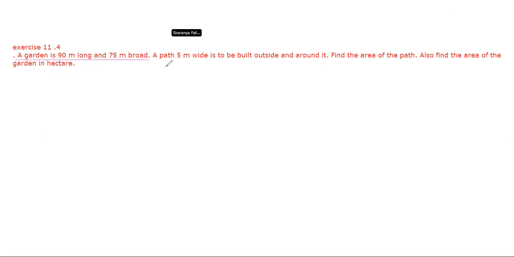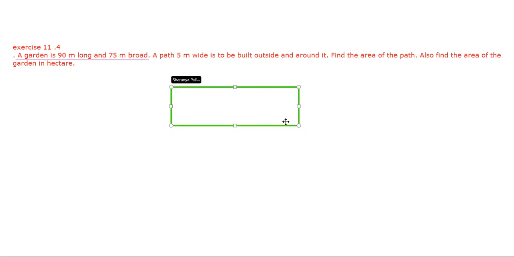Let us first draw it, because there is no diagram given in the book. Diagrams make everything more interesting and easy to understand. Suppose this is a rectangle with 90-meter length and 75-meter breadth.